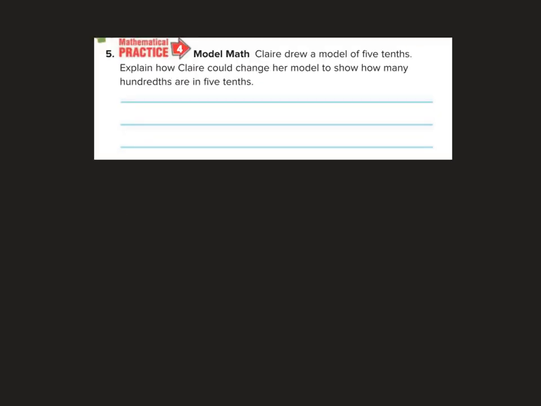Model math. Claire drew a model of 5/10. Explain how Claire could change her model to show how many hundredths are in 5/10. Okay, so I have 5/10. Let's do this using fractions. So if I want it to be hundredths, what did I multiply by? 10. So to make equivalent fractions, I'd multiply the numerator also by 10 to get 50 hundredths.